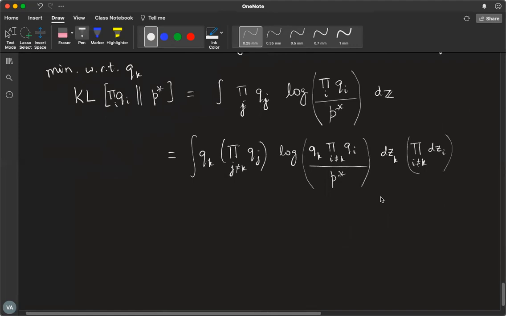Now what we do, we have to separate. Let's say we separate this from this. So this becomes equal to summation over qk, integration qk. Now this log of qk I take out.